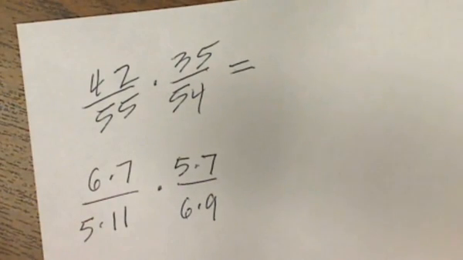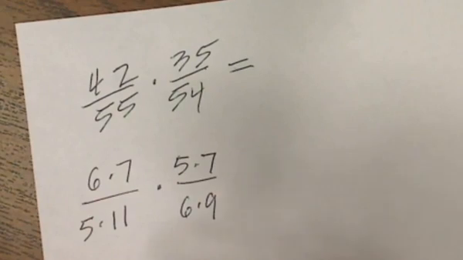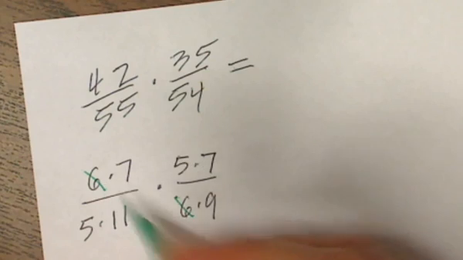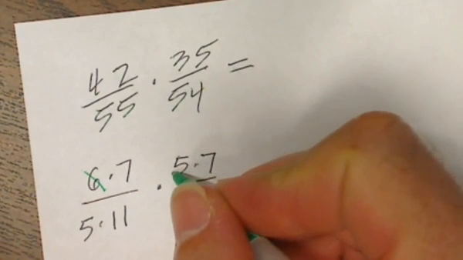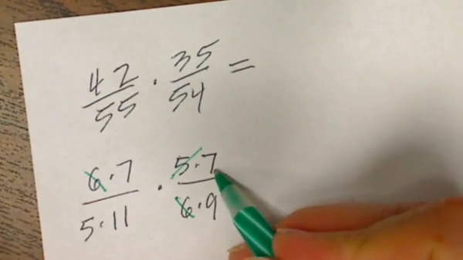Now, the canceling process happens whenever you see the 6 here and the 6 on the other diagonal, and those 6's cancel out. 6 divided by 6 is 1. When we divide those numbers by 6, we're left with 7 up here and 9 down here. The other direction, we divide the 35, which is 5 times 7, by 5, leaving the 7.